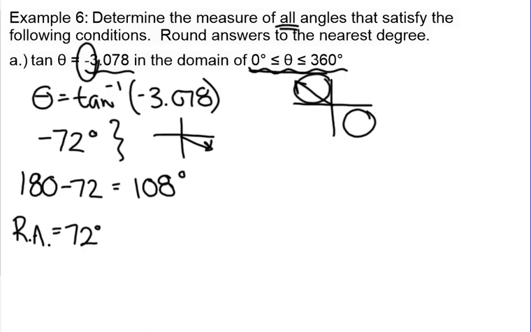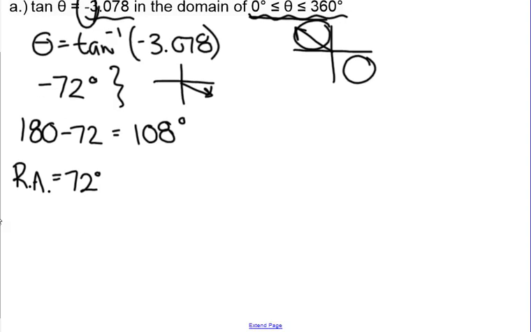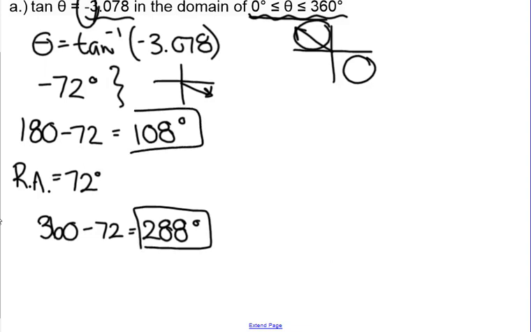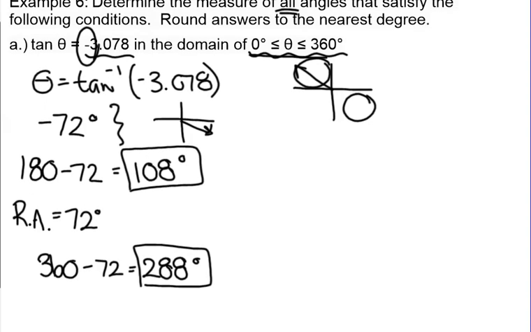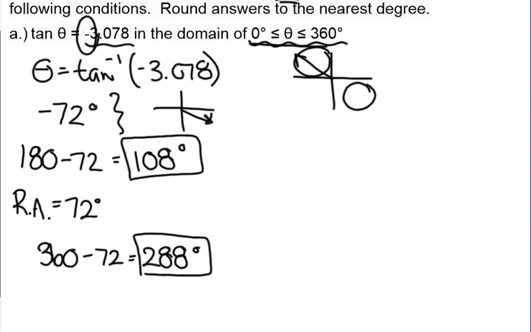Another one we're going to find would be 360 subtract 72, which is 288 degrees. So those are the two places where the tangent of those angles is equal to negative 3.078.